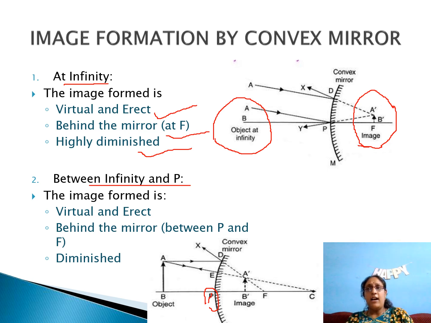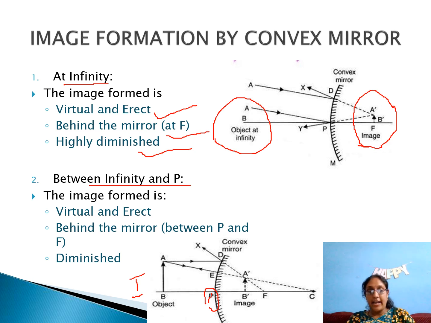The object is not exactly placed at infinity. It is placed here, between infinity and the pole. Don't misunderstand, it is not placed at infinity.